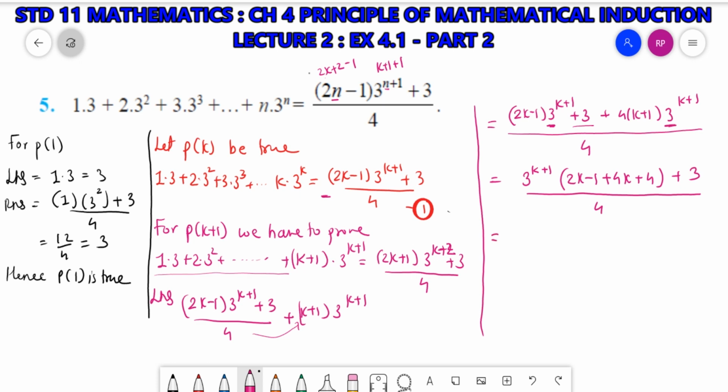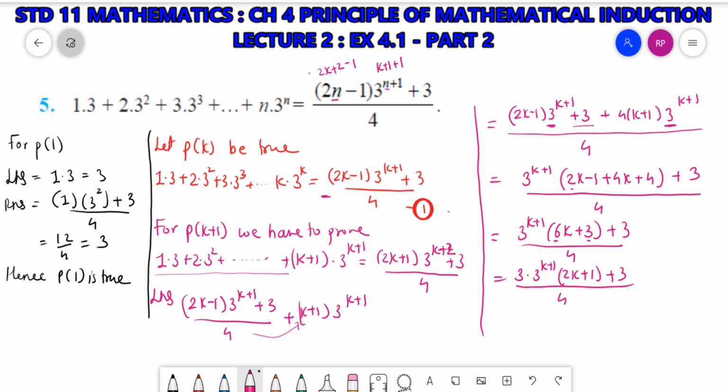This will be equal to 3 raised to k plus 1 into 2k plus 4k, it will be 6k, minus 1 plus 4, that will be equal to plus 3, plus 3 upon 4. Okay. So now let's take 3 common here, 3 raised to k plus 1. So now 3 twos are 6. So 2k plus 1, plus 3 upon 4.